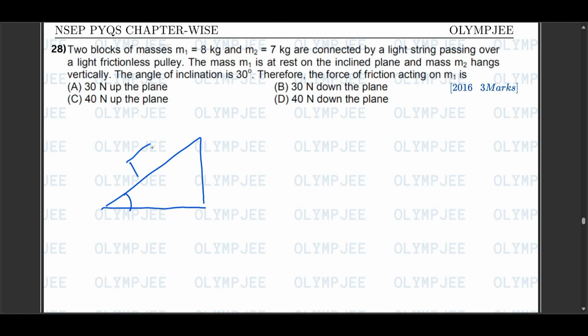Mass m1 is here with 8 kg, and this mass is hanging vertically. This angle is 30 degrees and this system is at rest, right?